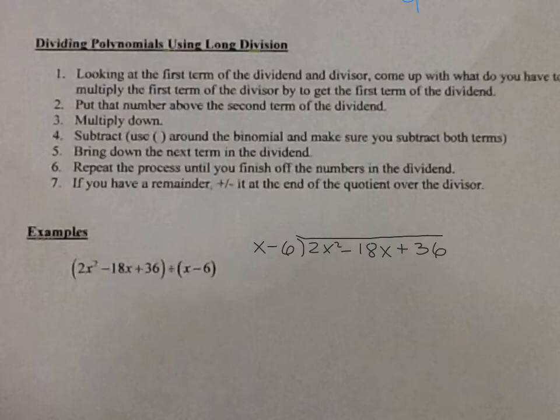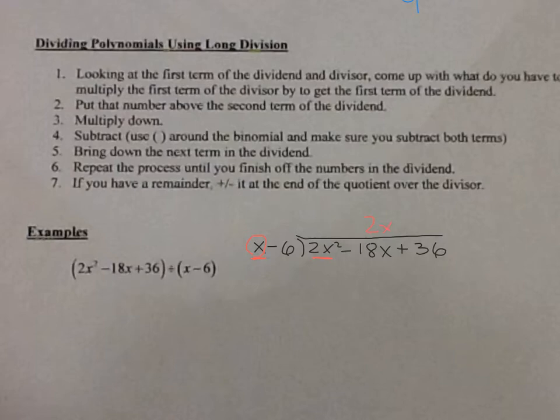All right, so you're going to look at the first term of the divisor and the dividend. So I have a 2x squared here and an x. You're looking at those two terms. Now you want to come up with what number, when I multiply it by the x out here, will give me 2x squared. Yes, that would be 2x. So you're going to put that right above the second term of the dividend, just like we did in the do now.